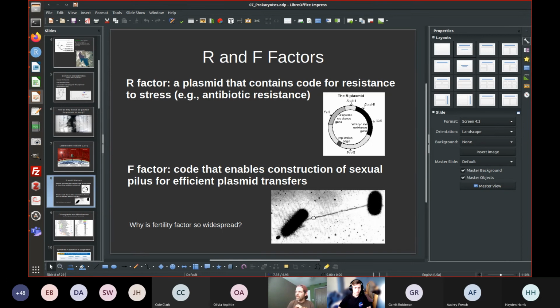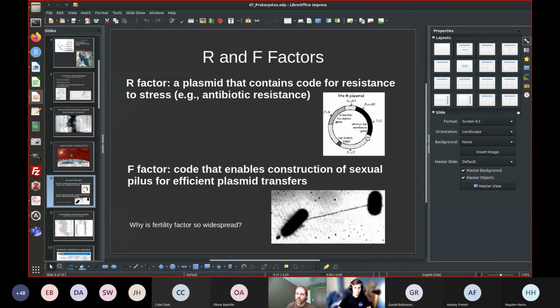Now that's good because other members of your species in your population around you, you can send them useful stuff. If you're sending them useful stuff, you're actually not picking which little plasmids go through. It's just random chance what goes through.